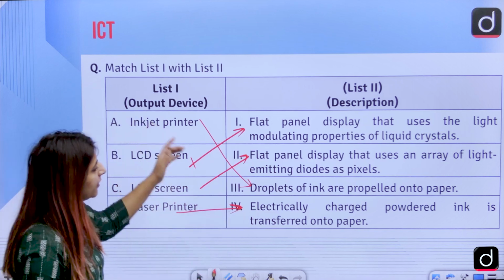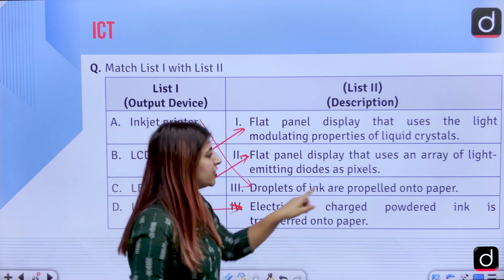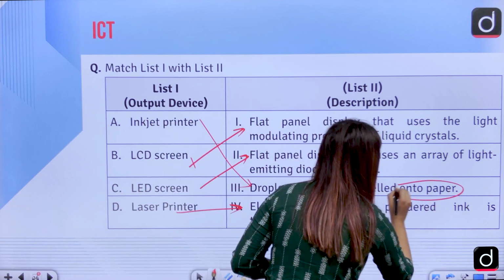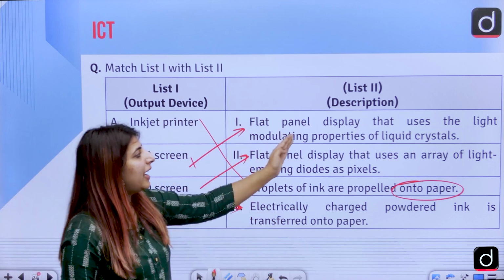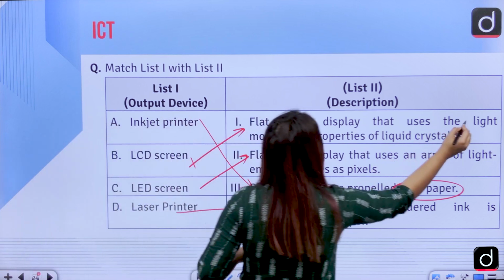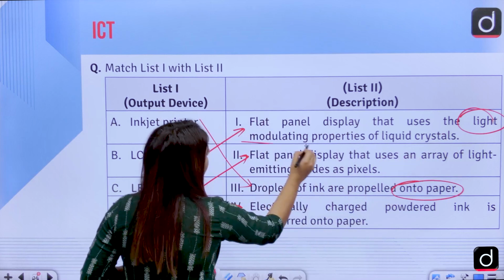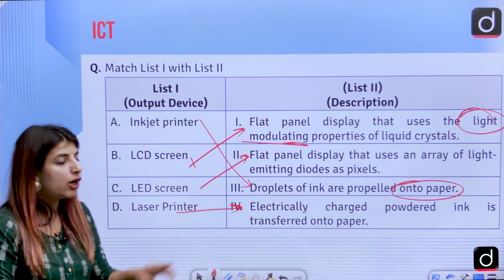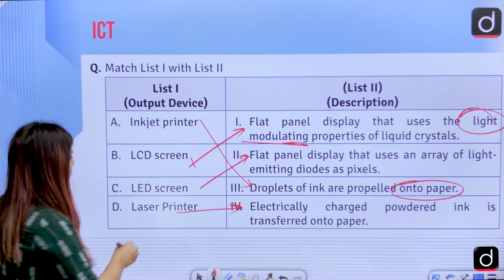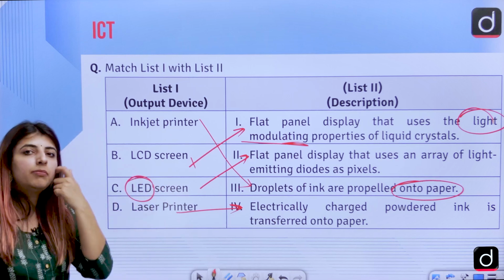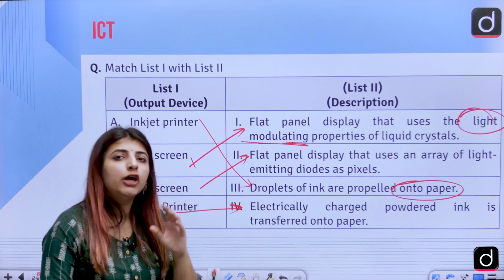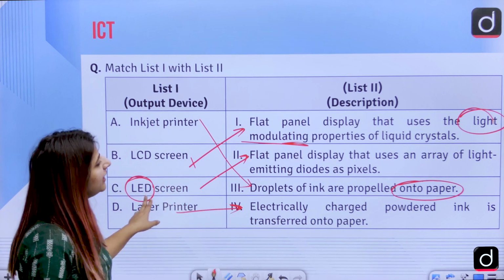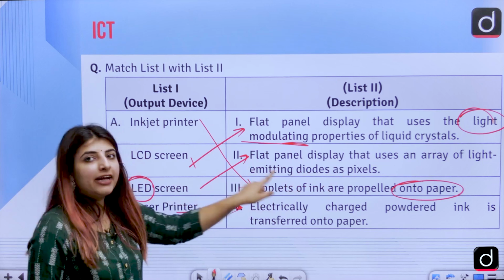So inkjet printer are the droplets of ink which are propelled onto paper, right? LCD screen, flat panel display that uses the light modulating properties of liquid crystals. Or even if you would have read the LED's full form while you were preparing for your examination, or if you still are preparing for your examination, you all will be knowing that LED stands for light emitting diodes, right?